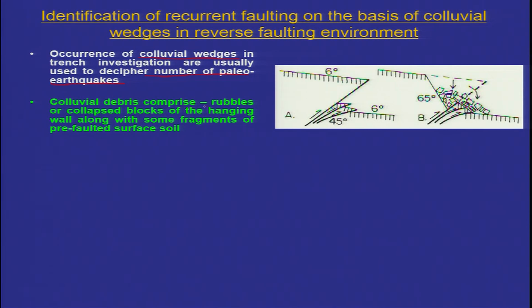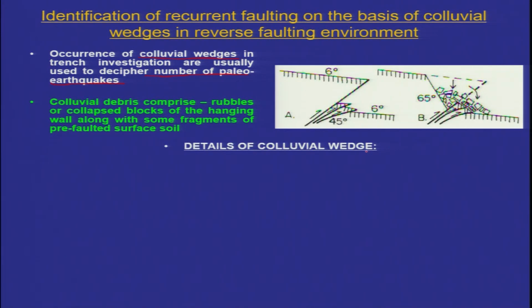Colluvial debris comprises rubble or collapsed blocks of the hanging wall, along with some fragments of pre-faulted surface soil. So usually this material will comprise what has been shown here: material from the scarp, material from below, as well as some blocks from the pre-faulted surface, that is your soil.